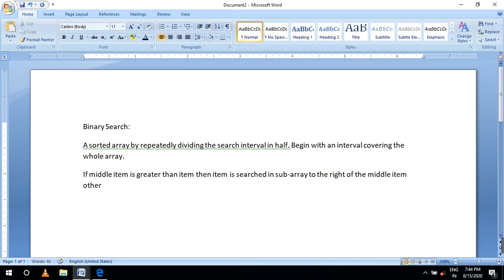Otherwise, the item is searched in the sub array to the left of the middle item.